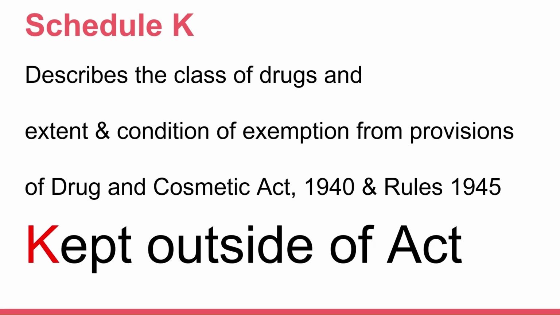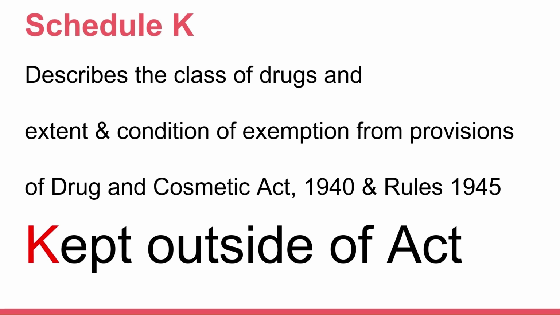Now, Schedule K. Certain exemptions are given in the Drugs and Cosmetics Act. Exemptions for certain classes of drugs are mentioned in Schedule K. You can remember Schedule K by using a sentence: Kept outside of Act.